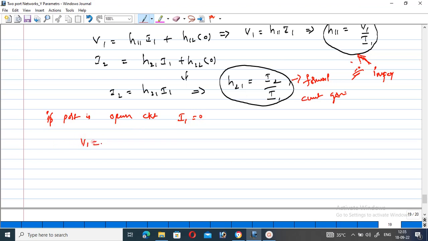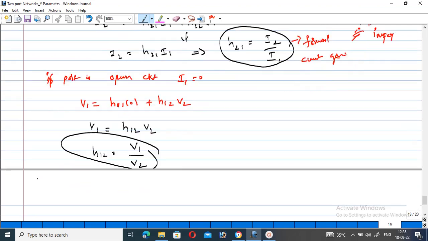V1 is equal to H11 into 0 plus H12 into V2. So from this equation, V1 is equal to H12 into V2. Therefore, H12 is equal to V1 by V2.